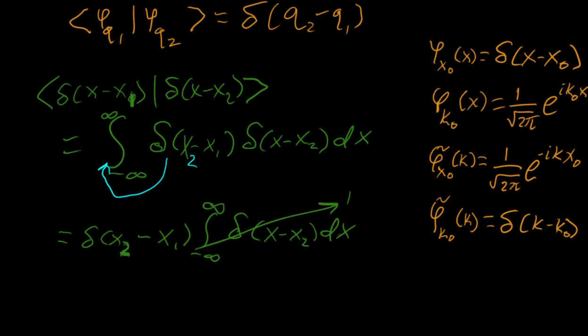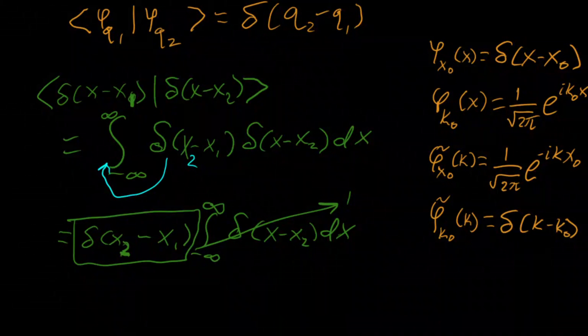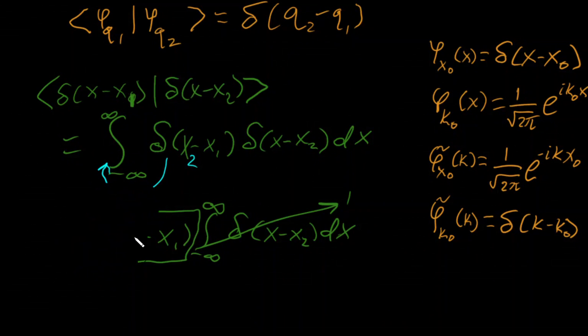Again, this integral is just 1, and we are left with our answer: delta of x2 minus x1, perfect. That's delta of q2 minus q1, where q here is x, because we're taking the inner product of phi sub x1 with phi sub x2. Okay, so now let's go to the second one.